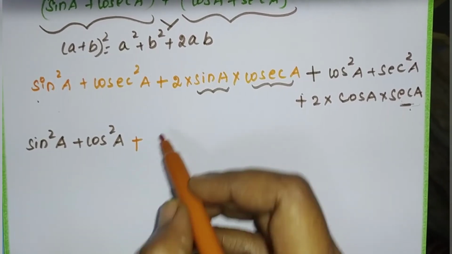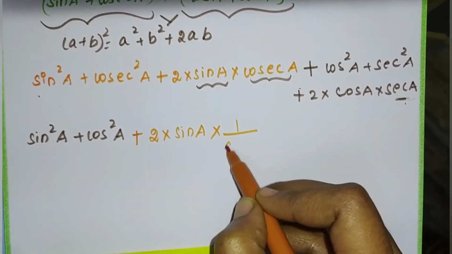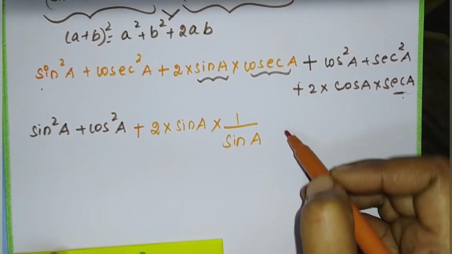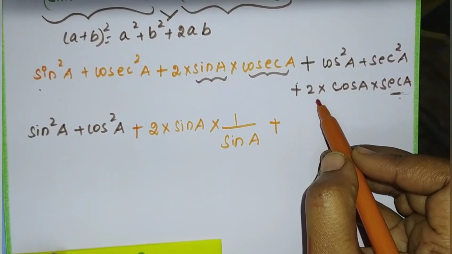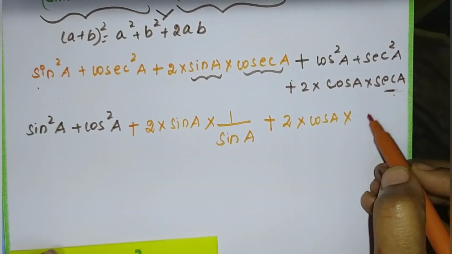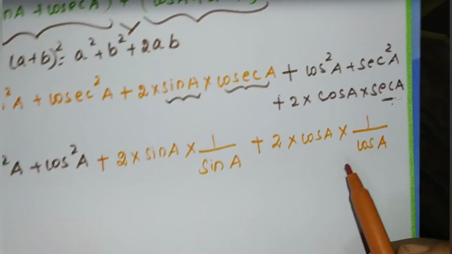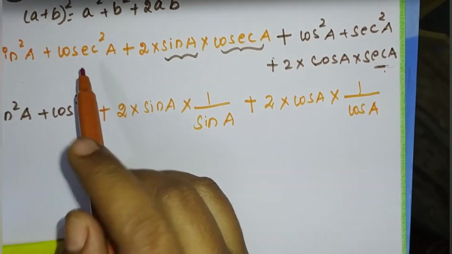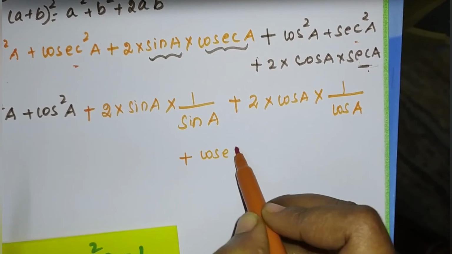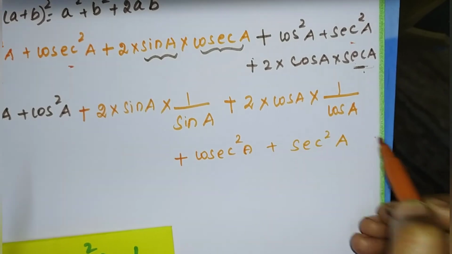This one. 2 into sin A, and cosecant A I can write with the reciprocal formula as 1 by sin A. And another thing I am going to change is 2 into cos A, secant A I can change into 1 by cos A. So what will be the remaining? This one and this one are left over, so that also you have to write: cosecant square A plus secant square A.